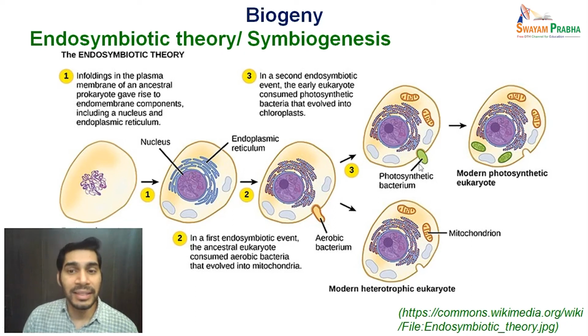And then, once this photosynthetic bacterium is ingested, the modern photosynthetic eukaryote was formed. Whereas if it was not a photosynthetic bacterium, it remained as mitochondria in the case of modern heterotrophic eukaryotes or the animal cells. So you can see this line depicts your photosynthetic eukaryotic cell origin, or the plant cell origin, and here you can see the heterotrophic eukaryote, or the eukaryotic animal cells, being formed.